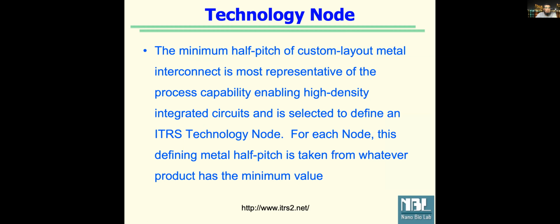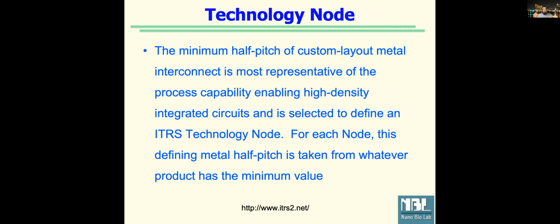We call it technology node, but it has a very specific meaning, which is the minimum half width, half pitch of the metal interconnect, which would represent the process capability, enabling high density ICs. That's what we call the technology node. So minimum half pitch of custom layout metal interconnect.